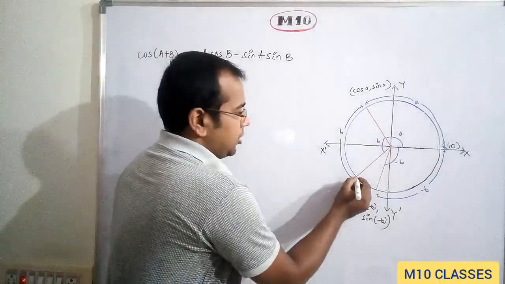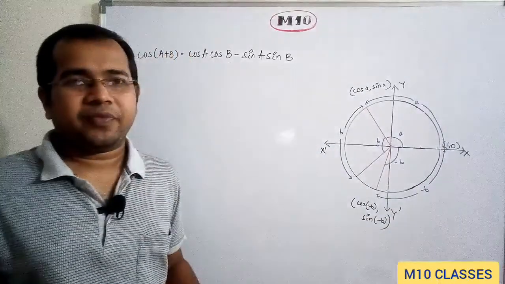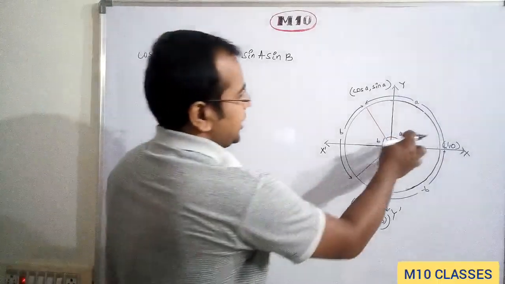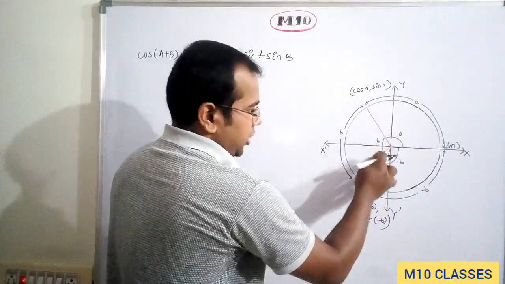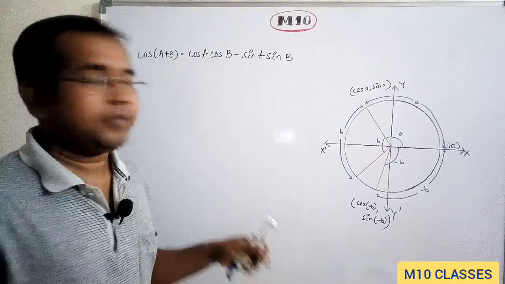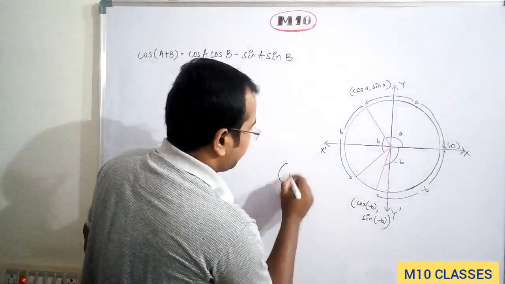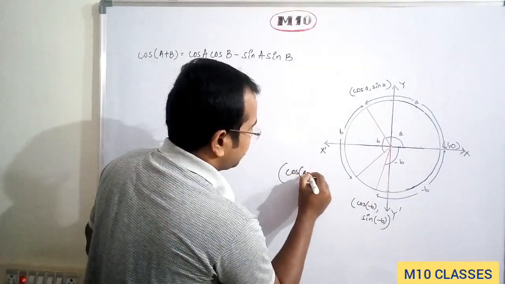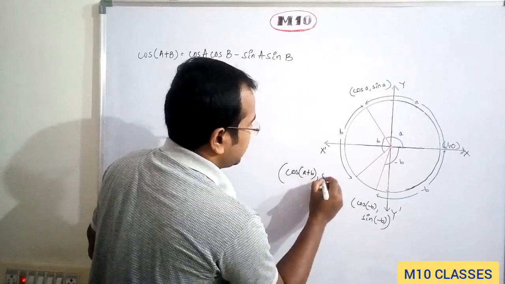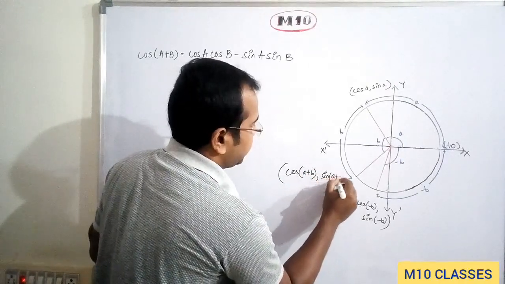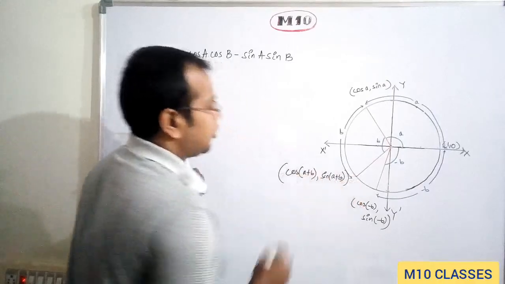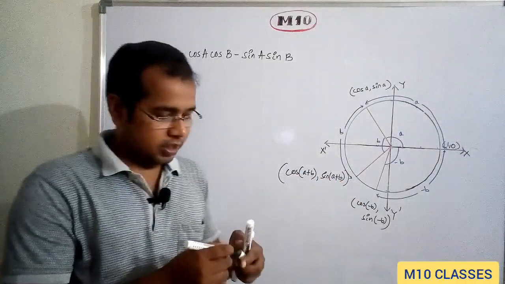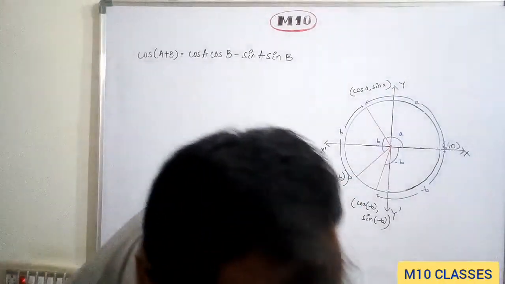What would be the coordinate of this point? Now see here, this is a, this is b, so this total is a plus b. So the coordinate of this point would be cos a plus b and sin a plus b. Now let us draw the chords here.